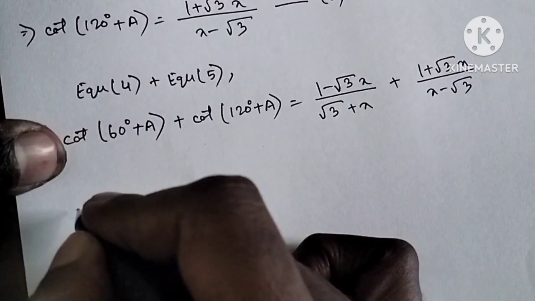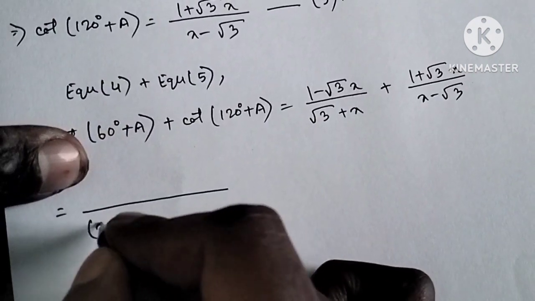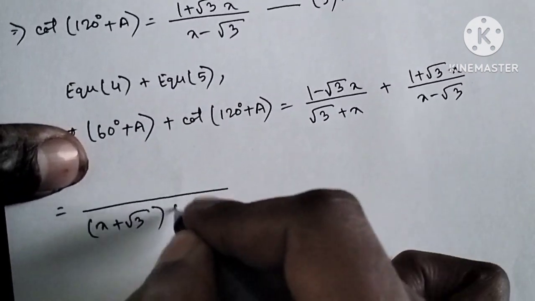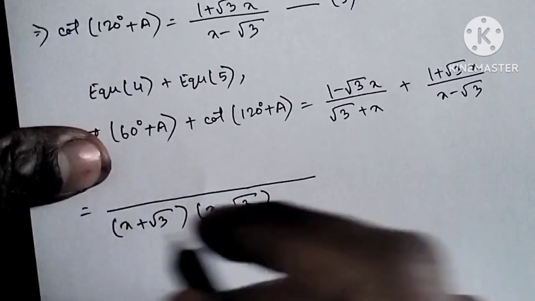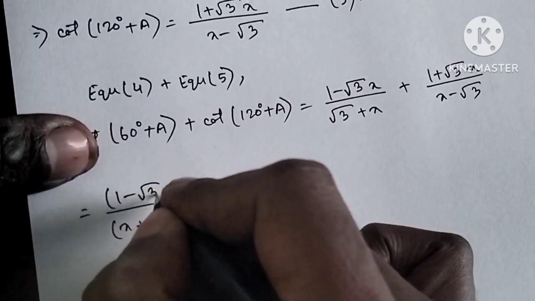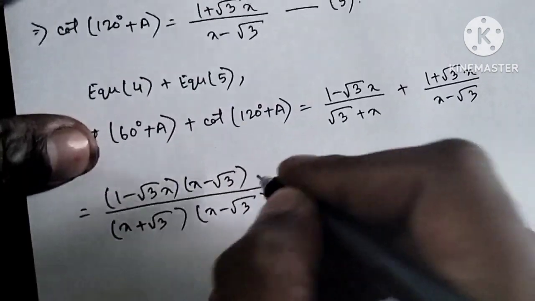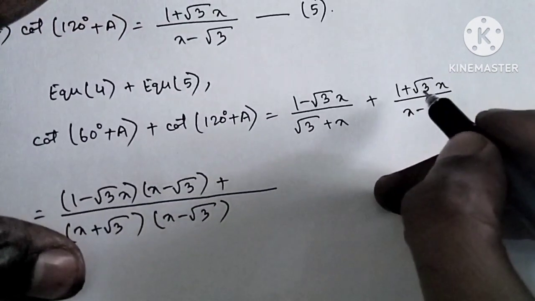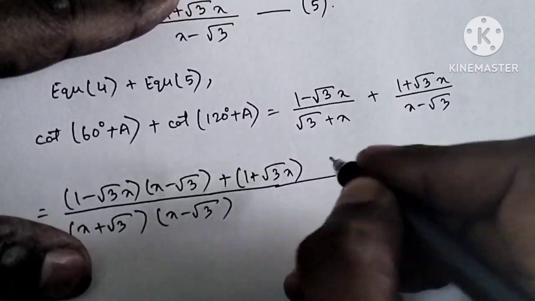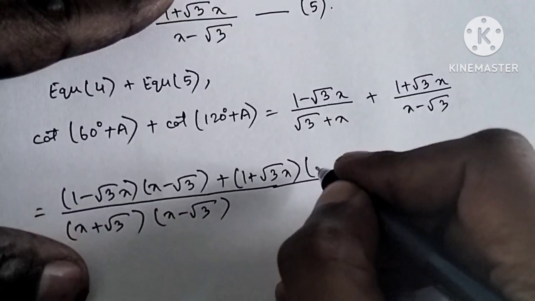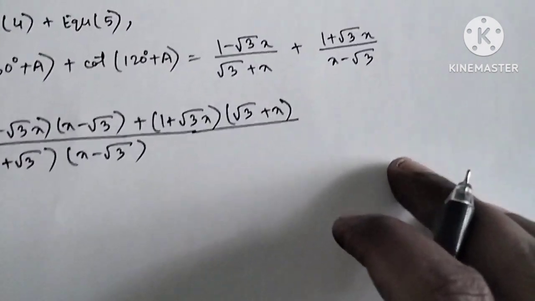So this I can write as x plus root 3, x minus root 3. So the LCM will be this only, and again (1 minus root 3x) into (x minus root 3) plus (1 plus root 3x) into (root 3 plus x). Okay, clear?